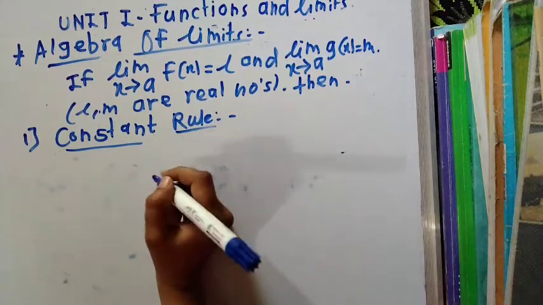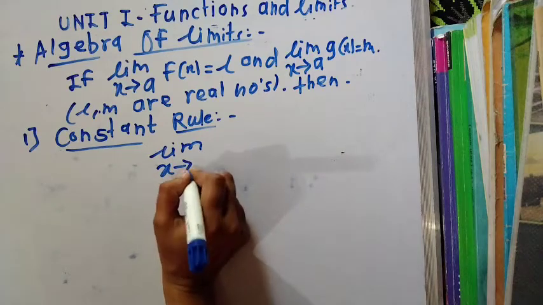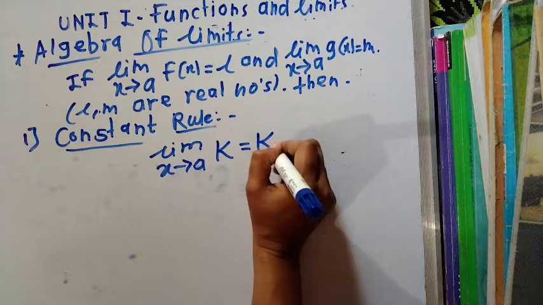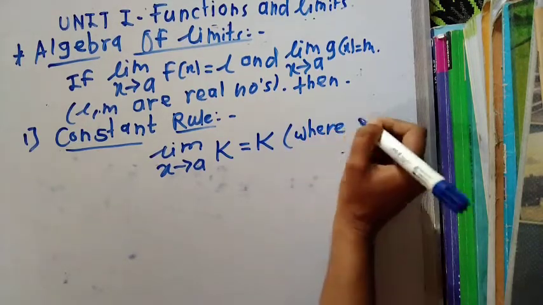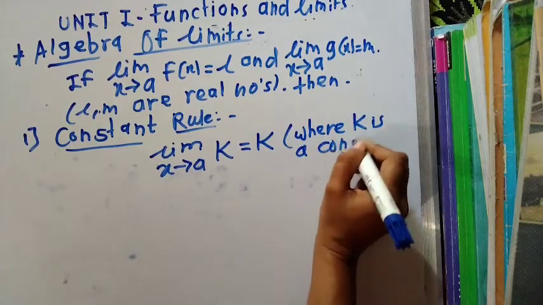What is the constant rule? Limit x tends to a of K is equal to K, where K is a constant.